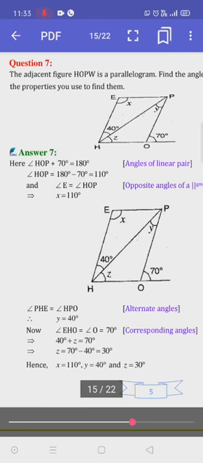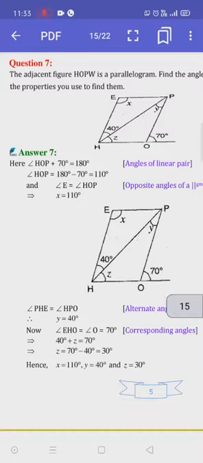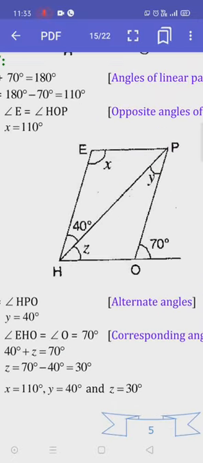Now angle EHO equals the other part at O. These are corresponding angles, because HE is parallel to OP and HO is a transversal. So angle EHO and the exterior angle at O are equal, corresponding angles.